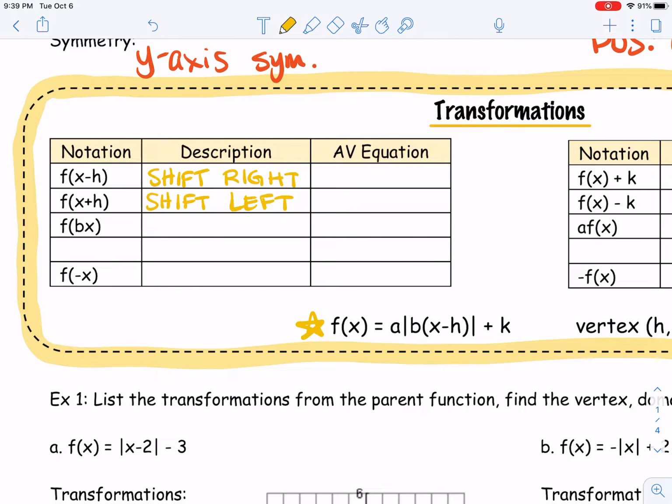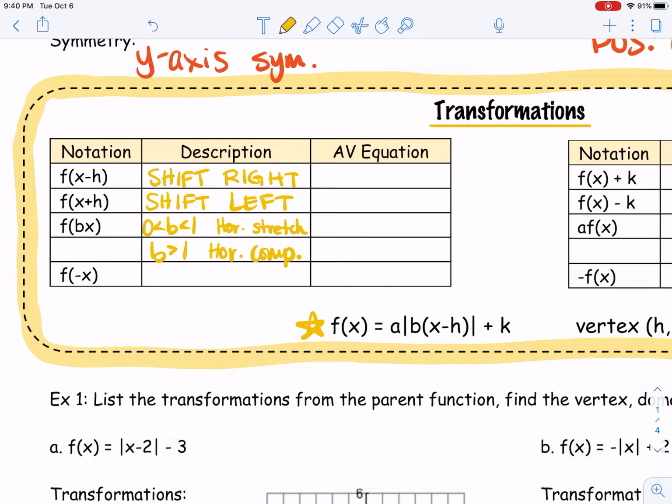If I see some number inside of the parentheses being multiplied to x, two things could happen. That number could be between 0 and 1, or that number could be bigger than 1. If the number is between 0 and 1, it's going to be a horizontal stretch. So that might be 1/2, 1/3, 2/3, whatever. If that number is bigger than 1, let's say it's 2 or 2.5 or 5, then that's going to be a horizontal compression because, again, remember, it's the opposite of what we think because we're dividing by that number.